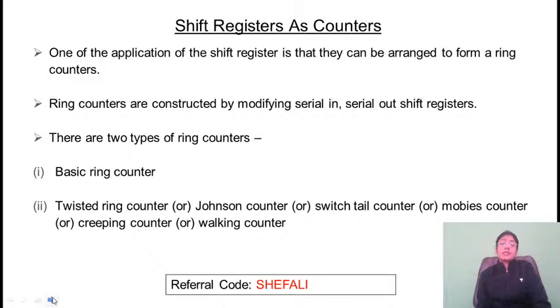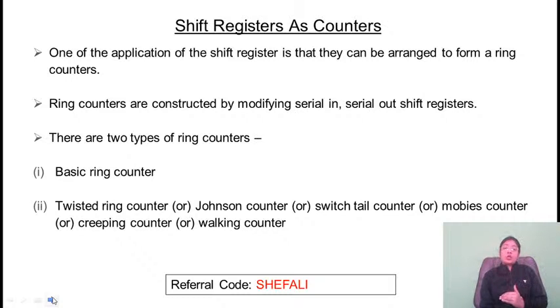So first one is how to use shift registers as counters. So one of the basic applications of shift register is that they can be arranged to form ring counters. तो कौन से registers use होते हैं? We have talked about serial in, serial out, serial in, parallel out, parallel in, serial out, and parallel in, parallel out.